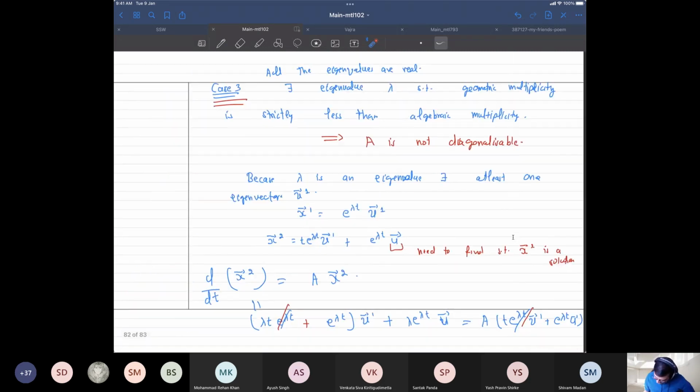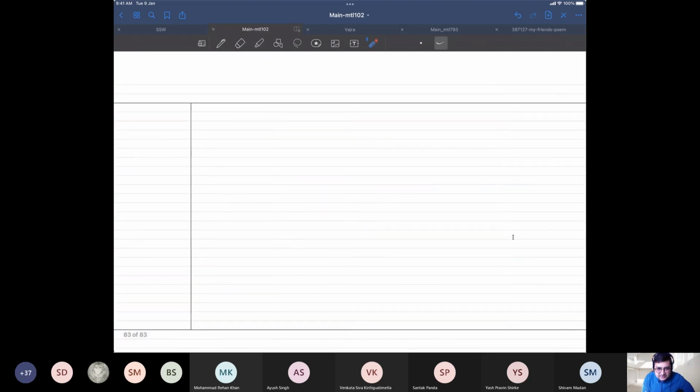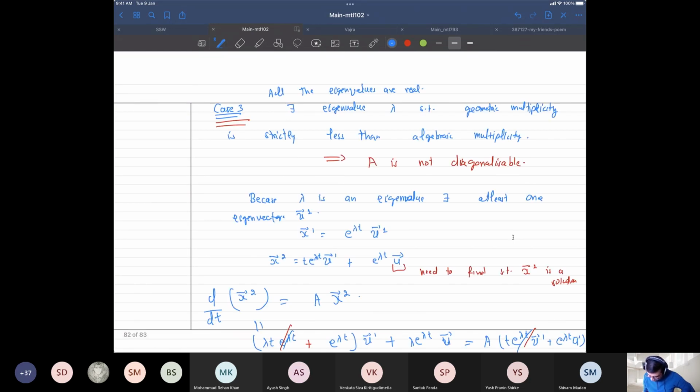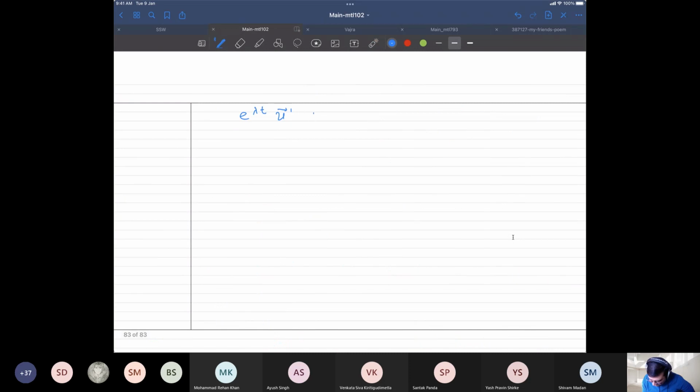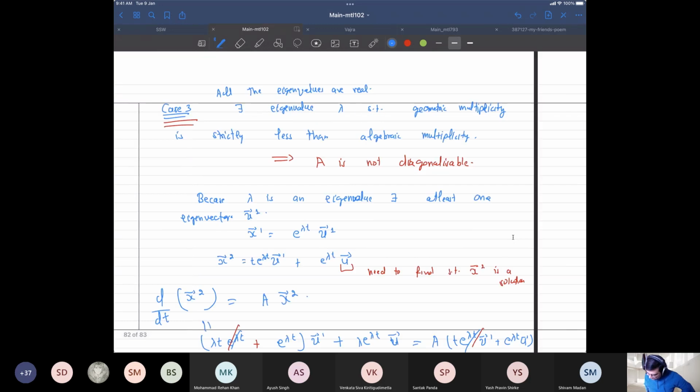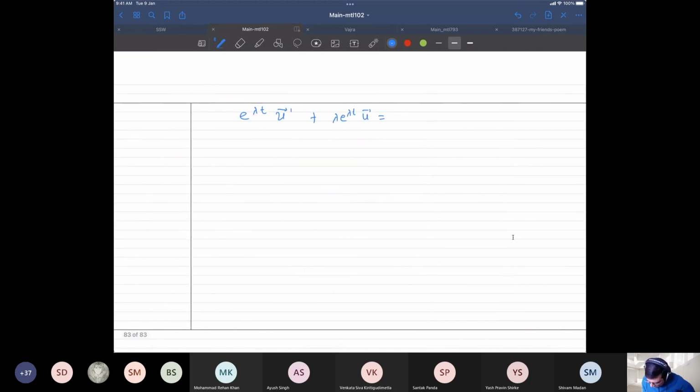Okay, so let us combine them together, and what we get is e^(lambda t) v1. So this is this term plus lambda e^(lambda t) u is equal to A e^(lambda t) u.